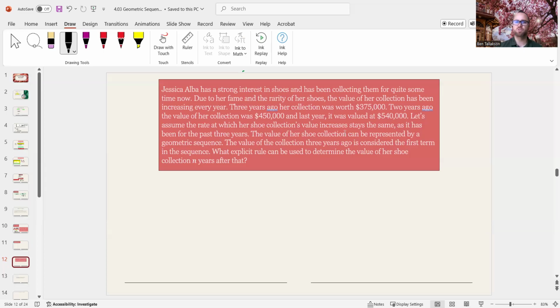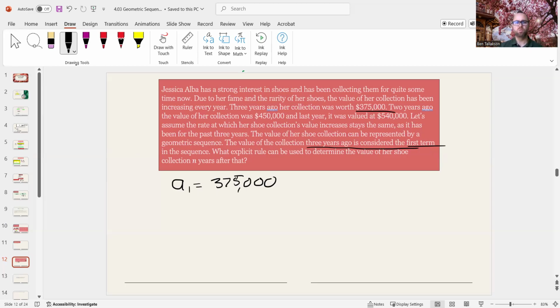The value of her shoe collection can be represented by a geometric sequence. The value of the collection 3 years ago is considered the first term in the sequence. So a sub 1 is, they said the first term was 3 years ago, and it's also the first term they gave us, 375,000.